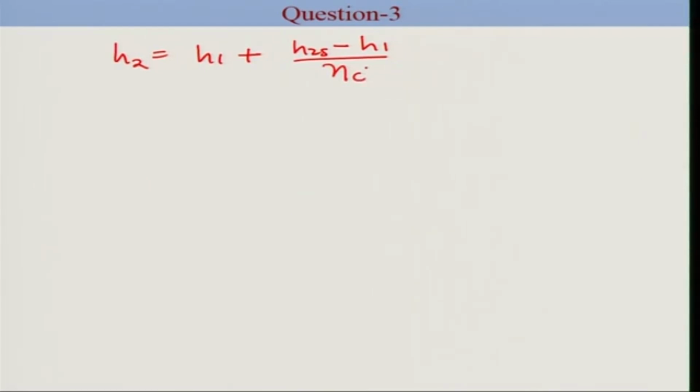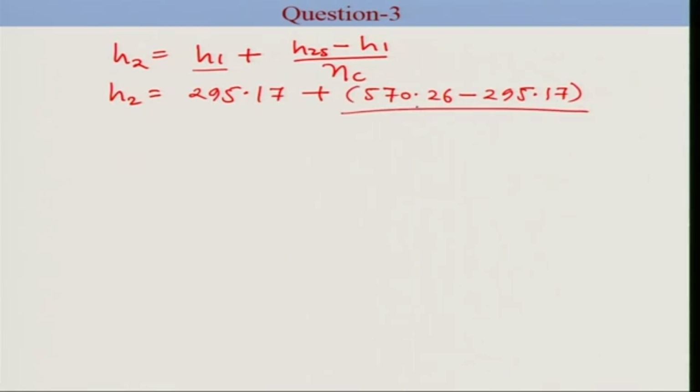Compressor efficiency is given in the question. So, H2 equals H1, already calculated, 295.17, plus (570.26 minus 295.17) upon 0.83. So, this gives 626.6 kilojoule per kg.